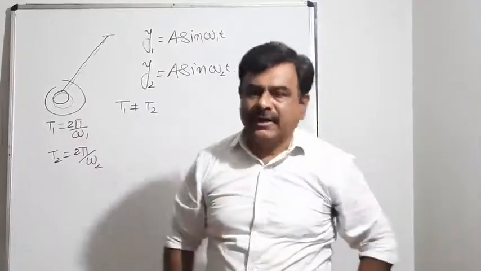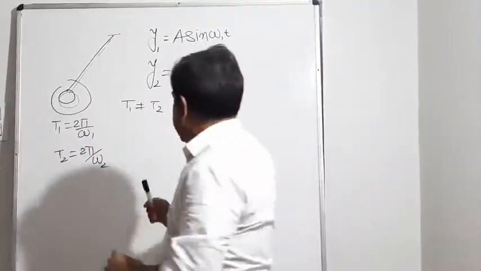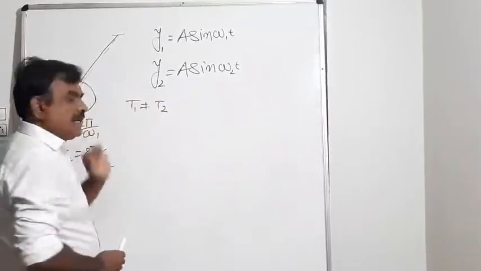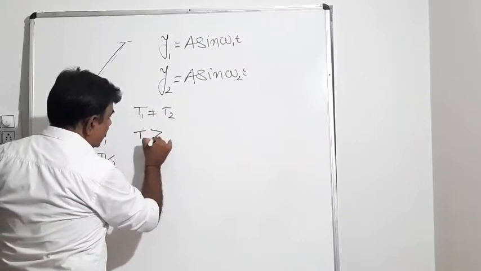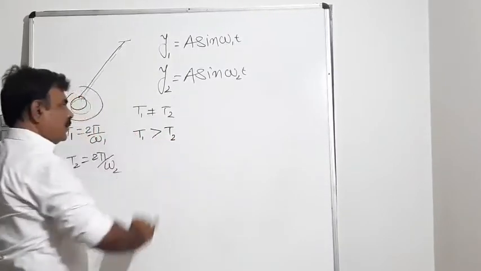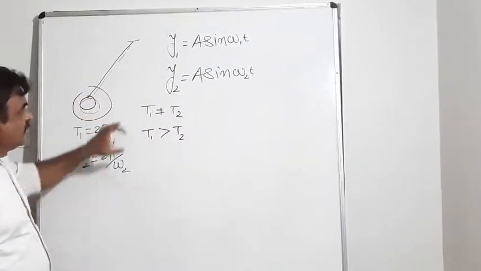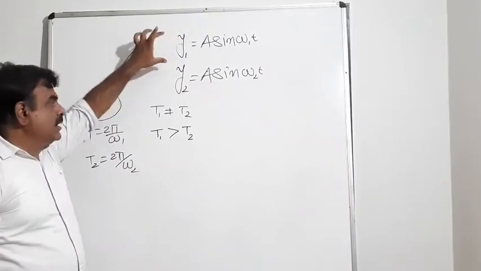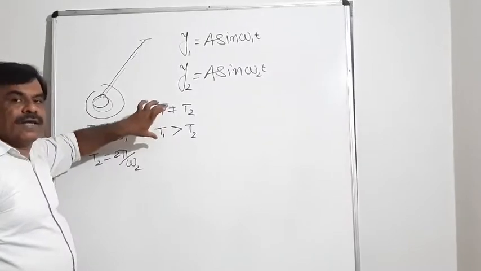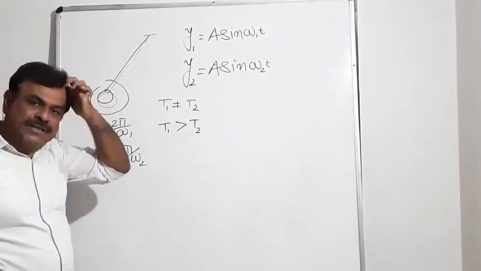What is the time for that? How to calculate? T1 is not equal to T2. Let me take the condition T1 greater than T2, meaning the first oscillator takes more periodic time, it is slower. The second oscillator takes less periodic time, meaning it is faster.